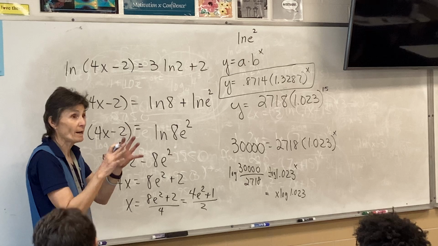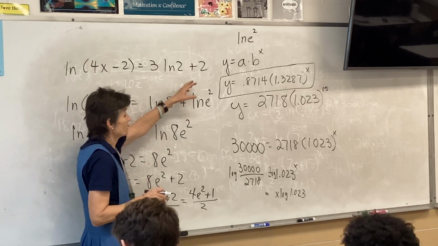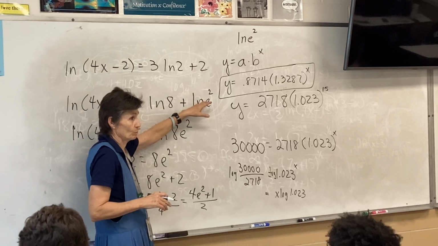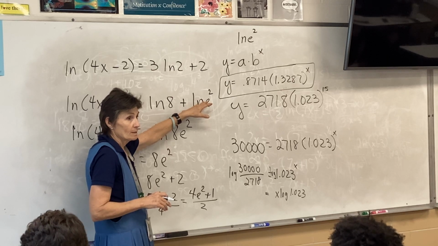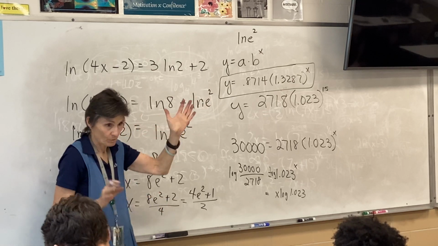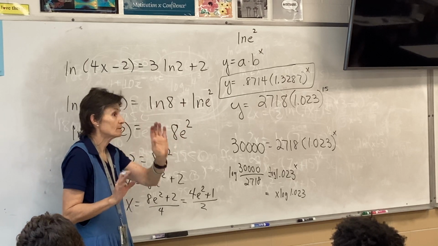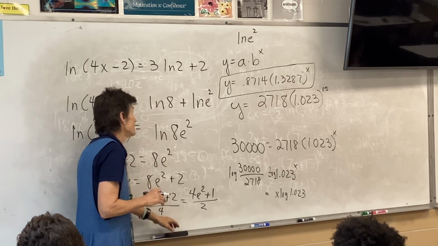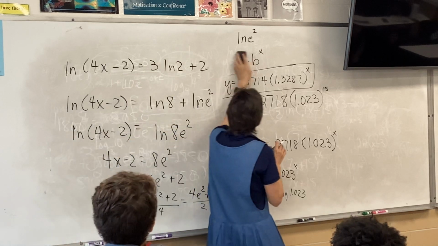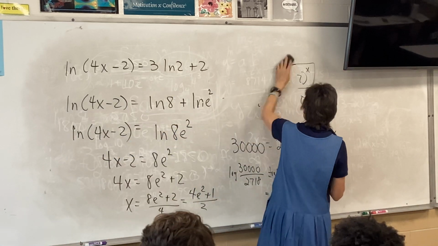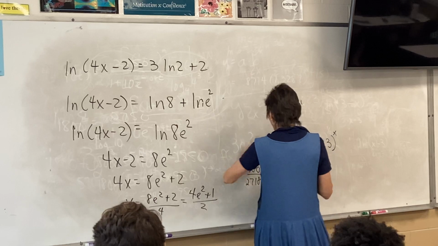So that's one option. So one option is to rewrite the 2. You can rewrite any number that way. Log base 10 of 10 squared, 2. Okay, that's one option.